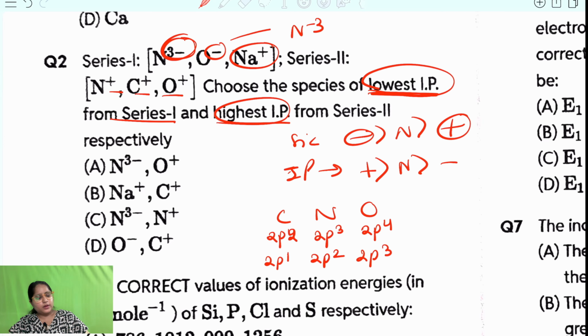So, after removing one electron, after making it positive, who is most stable? 2p3 is half filled, most stable, which means oxygen.